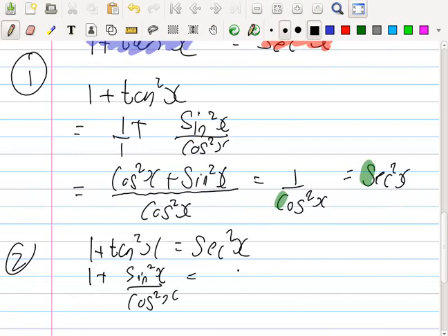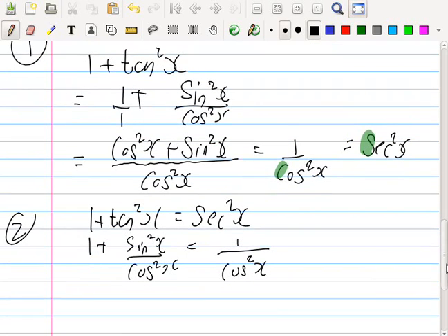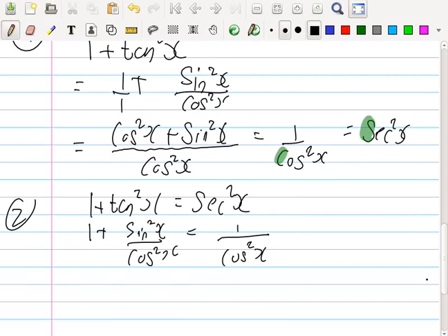And what's sec squared? It's 1 over cos squared. So if you want to cancel the denominators, what do you do? Multiply everything by cos squared. So you get cos squared x plus sine squared x equals 1. Now is that true? Yeah.